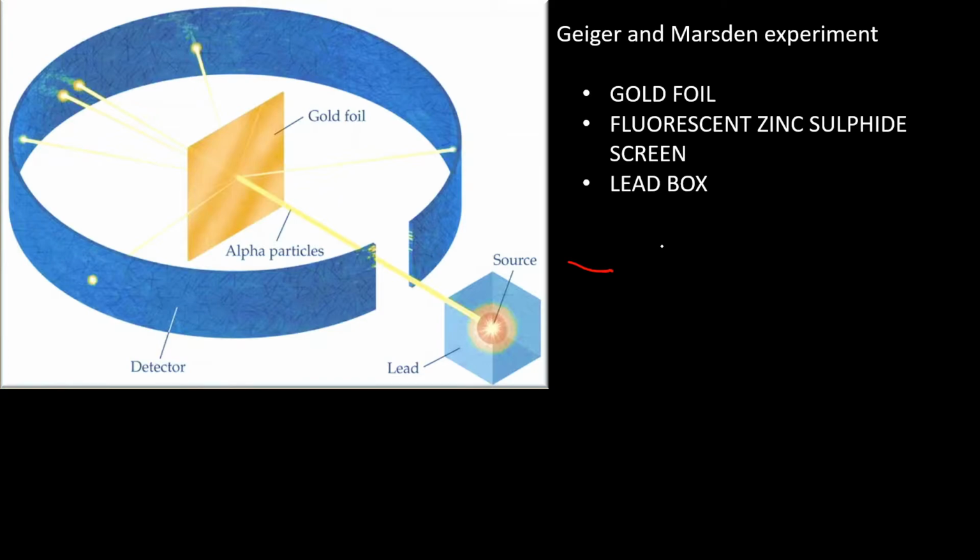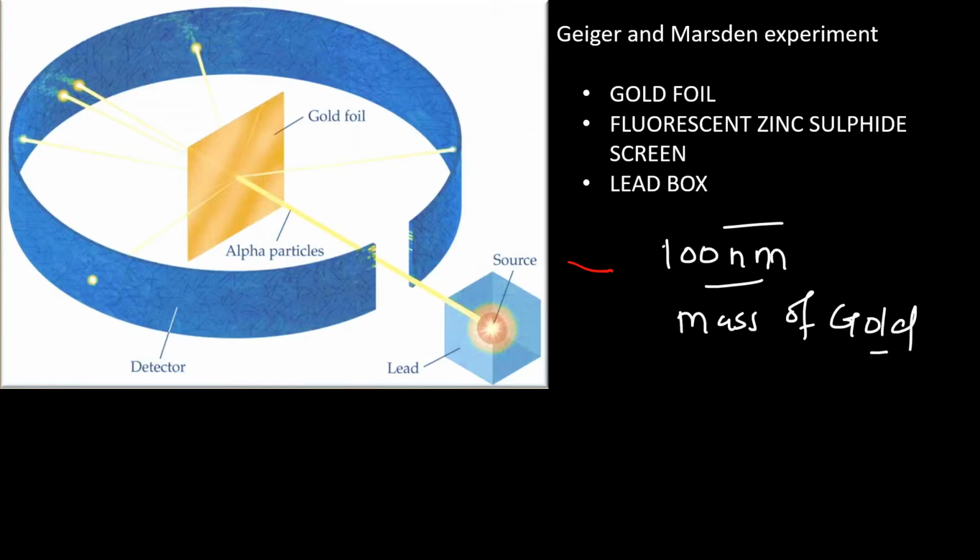The thickness of the gold foil used was around 100 nanometers, and the mass number of gold is very high. It is a heavy metal.